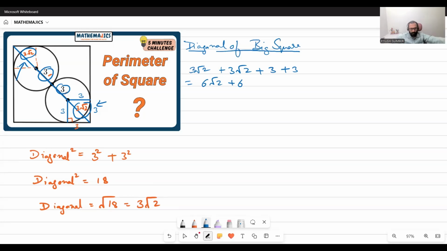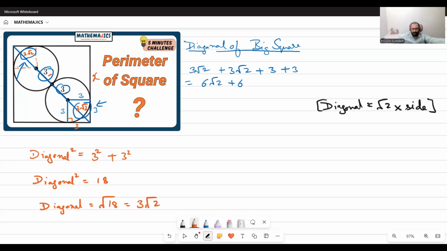Now there is a formula for the diagonal of a square. The formula is: diagonal of a square is equal to root 2 times the side of the square. This is the formula for the diagonal of any square. Now let's assume the side of this square that we need to find the perimeter for be x.